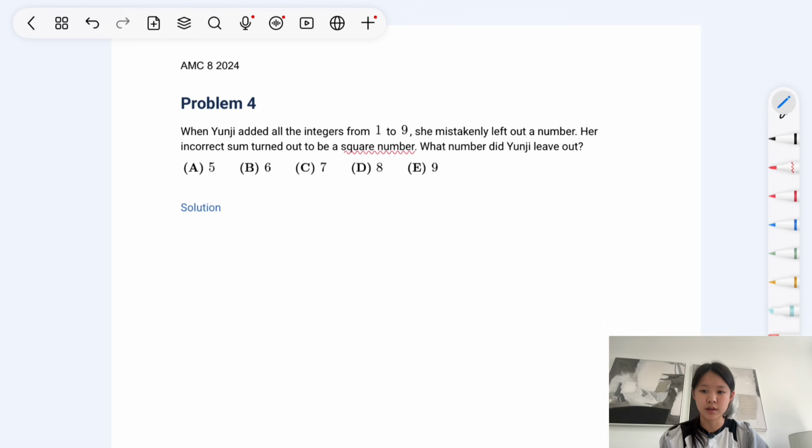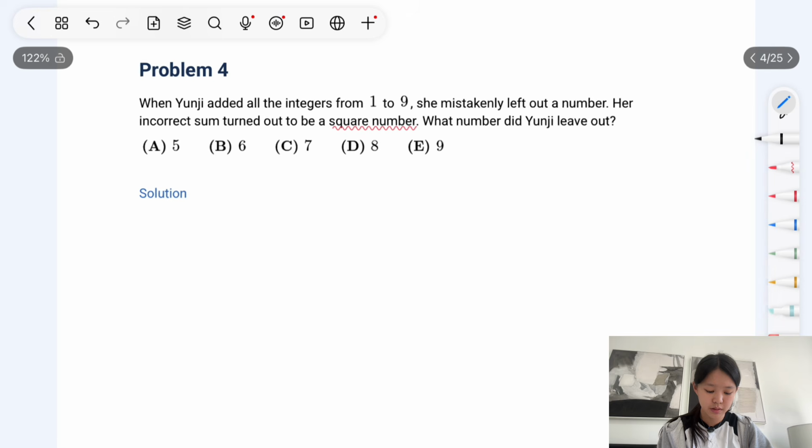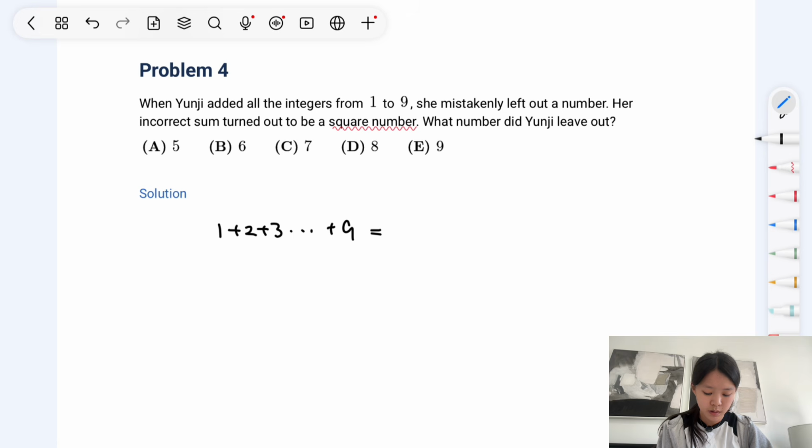So notice a trick here: we know this is only problem 4, so obviously we don't need to go through every single number from 1 to 9 and check which one would lead to a square number. So a trick here, we can first add up all the numbers from 1 to 9 and observe what number we get.